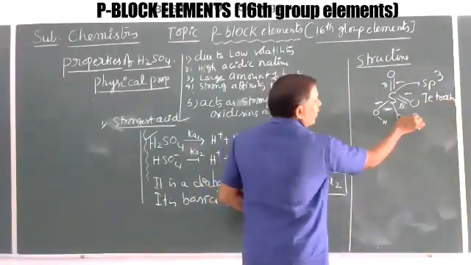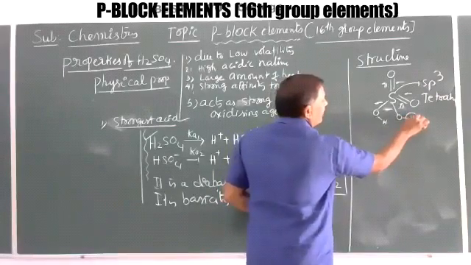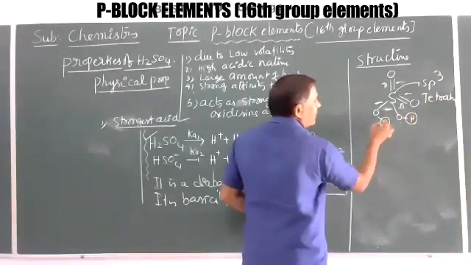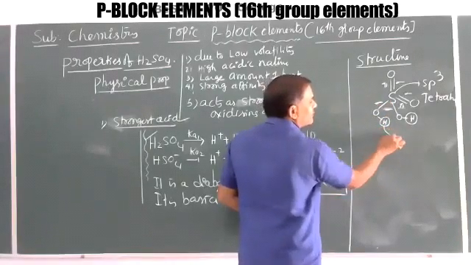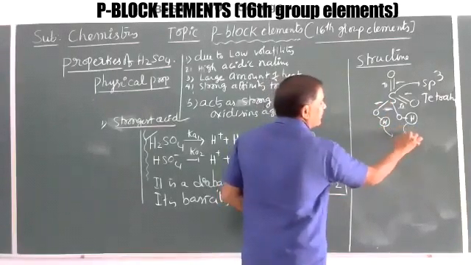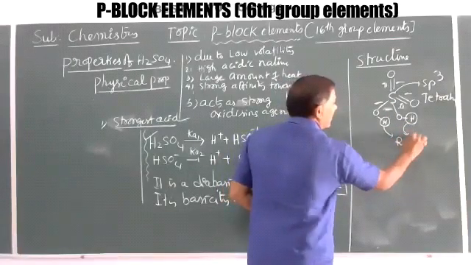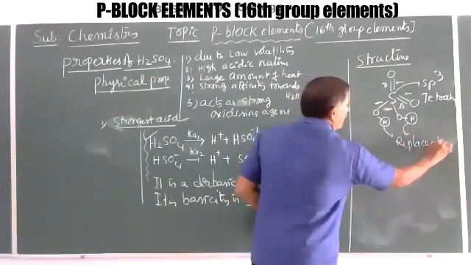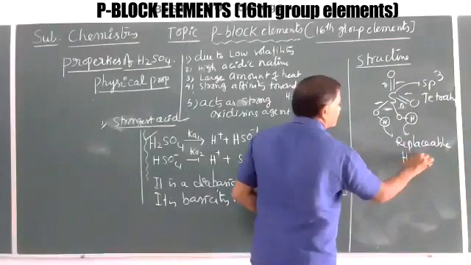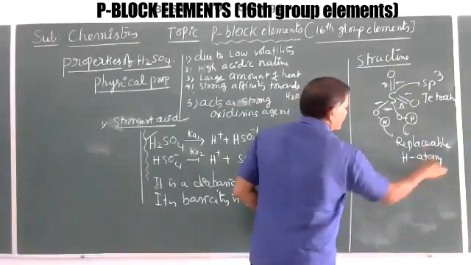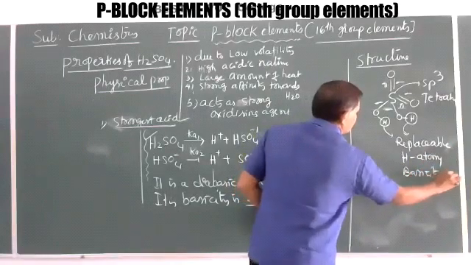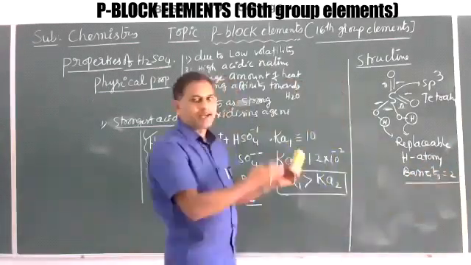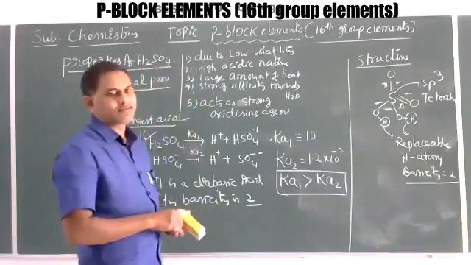In this, 2 OH groups are there. The hydrogen atom is indirectly bonded with sulfur, through oxygen. These two are easy to replace. That's why these are replaceable H atoms. That's why its basicity is equal to 2. It is a dibasic acid.